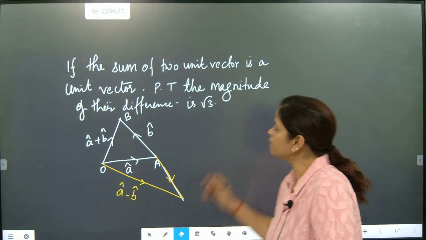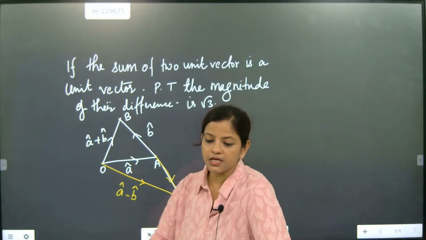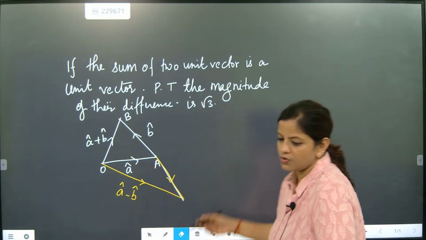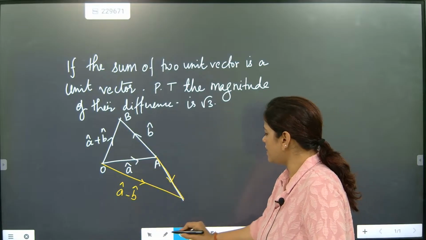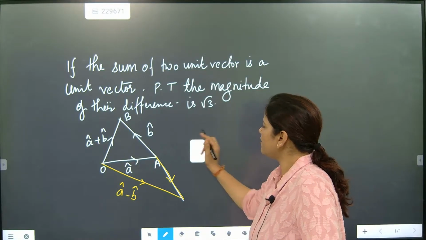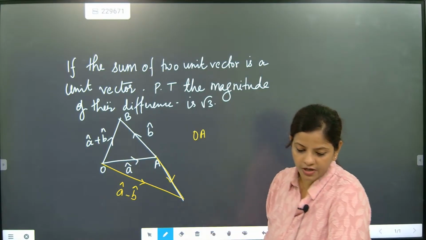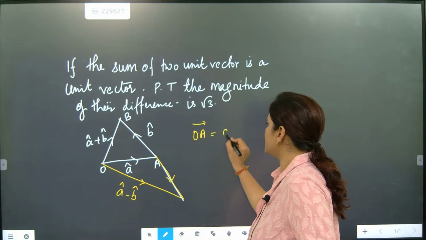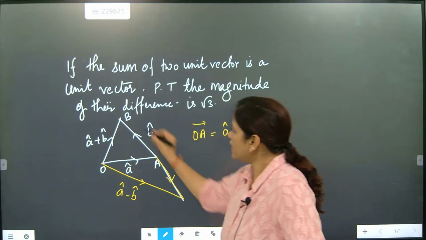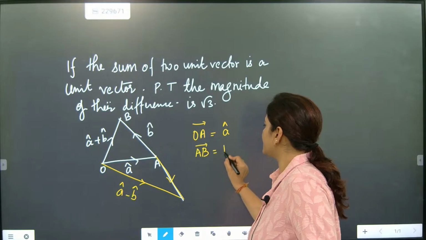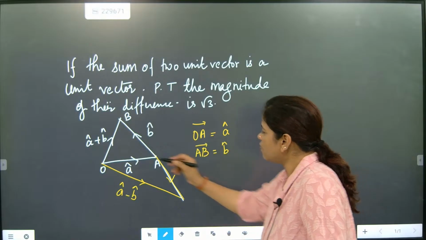Now beta, the most important thing is how we are going to proceed with this question. We know that OA vector is a unit vector, that is A cap. AB vector is unit vector B cap. Now what is OB?